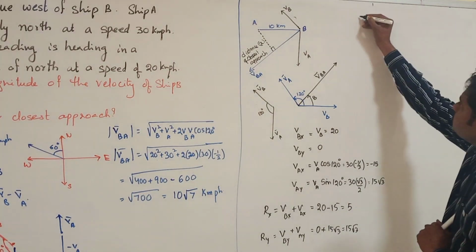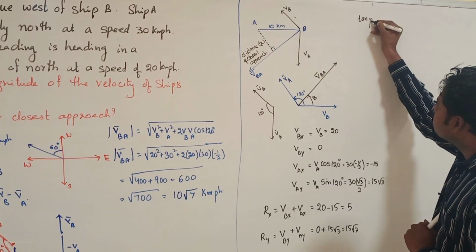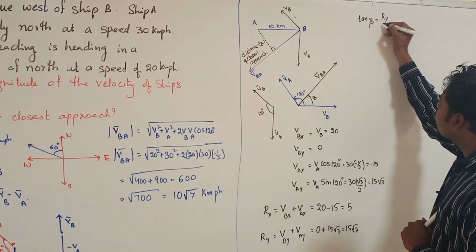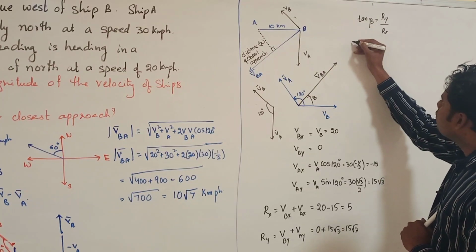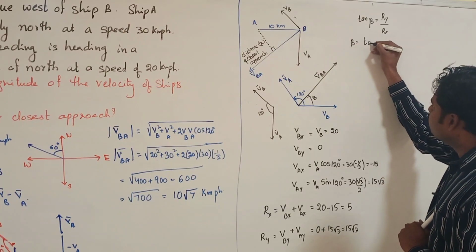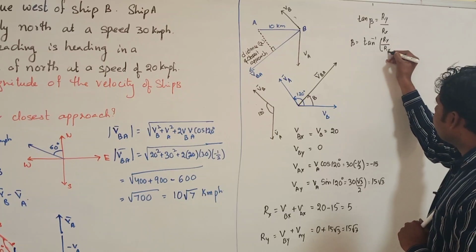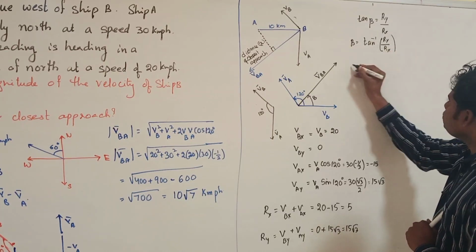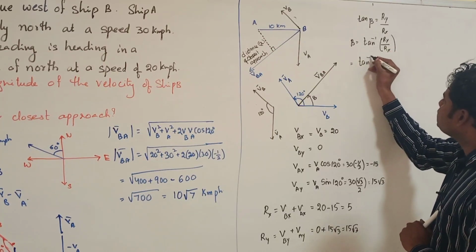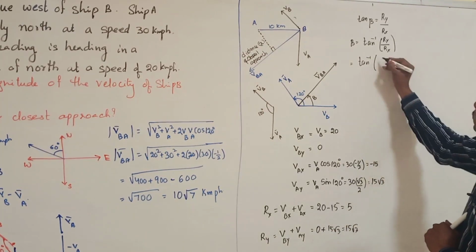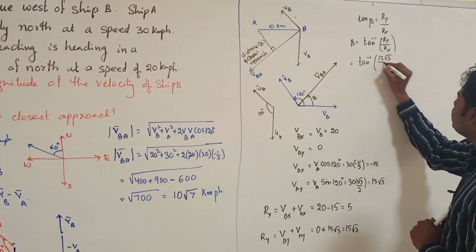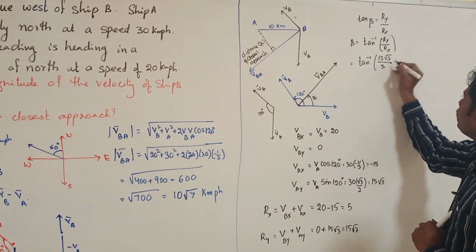Now tan beta is equal to Ry by Rx. Beta is equal to tan inverse of Ry by Rx. So tan inverse of 15 root 3 by 5.